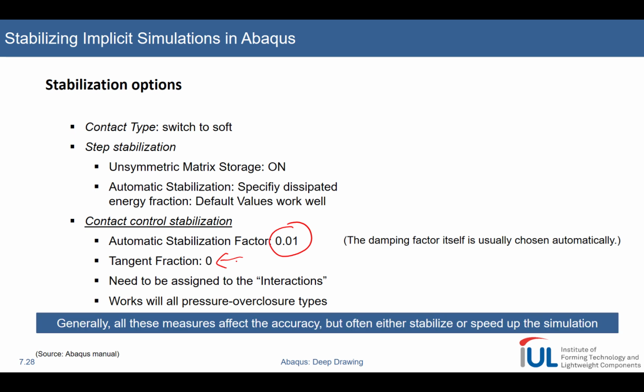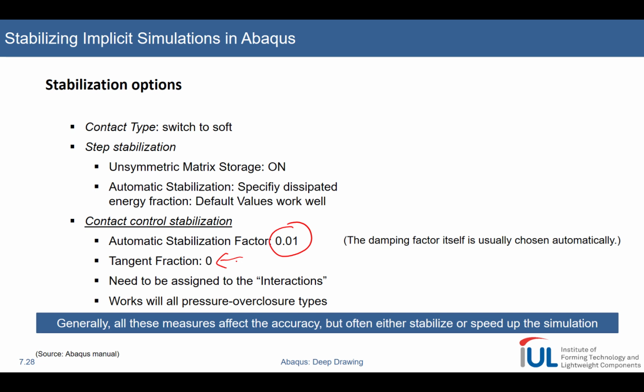Remember that all these measures I have presented to you now are, I would say, pretty advanced stuff to deal with convergence issues. They affect the accuracy, the physical meaning, the physical outcome of your simulation.